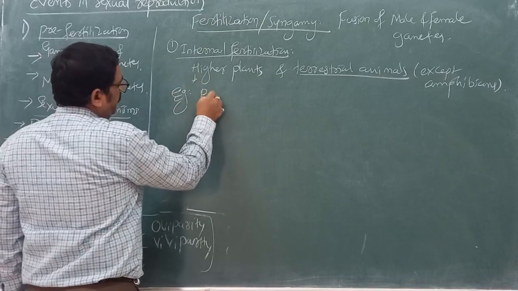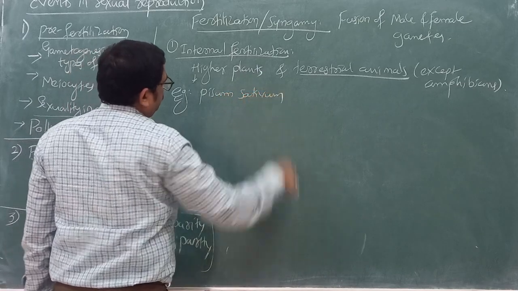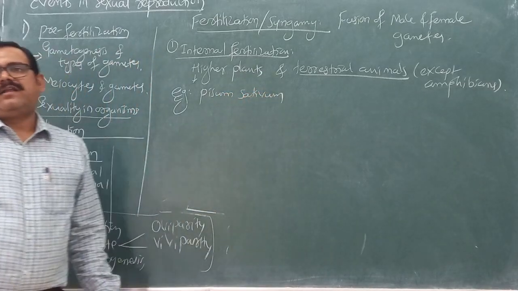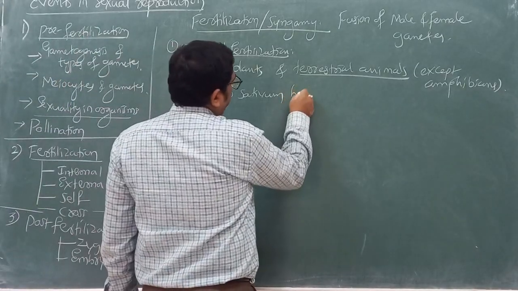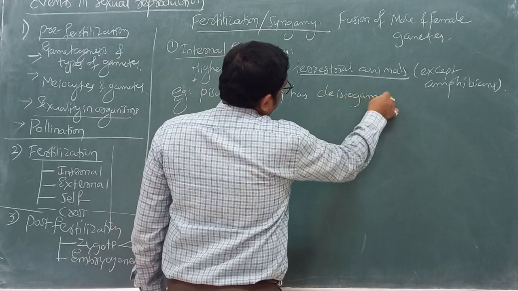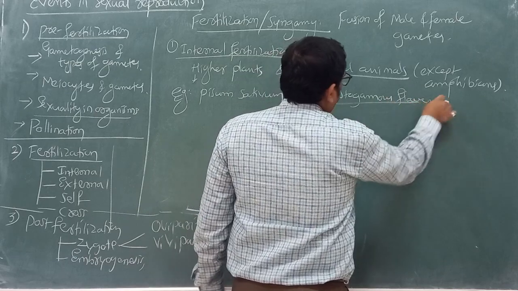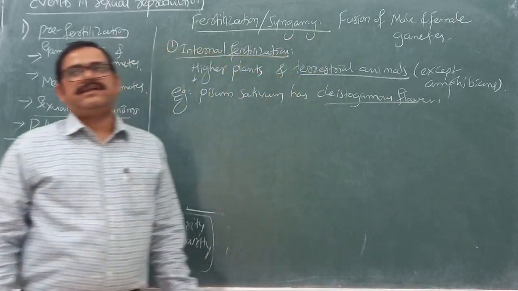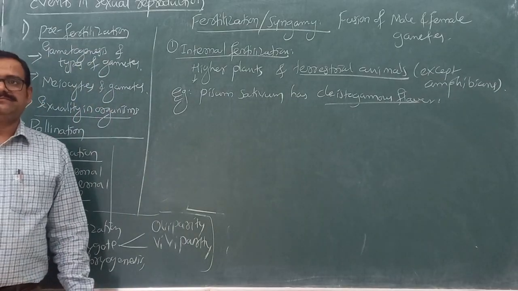Example: Pisum sativum, the garden pea or green pea, which has cleistogamous flowers. So there is internal fertilization, and self-fertilization is possible.